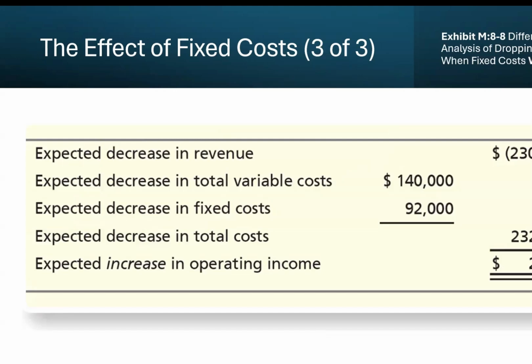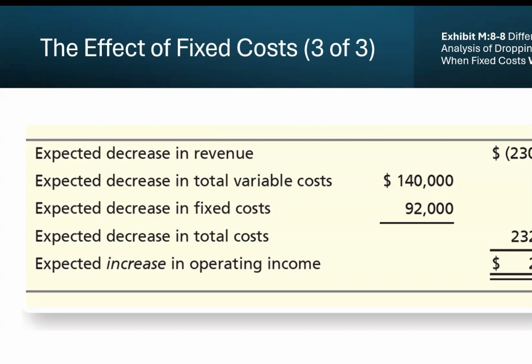In this next scenario, instead, assume that Smart Touch Learning manufactures the premium tablet in a separate facility. Assume that they're using two different facilities, one for the standard tablets and another for the premium tablets. If the product line is dropped, the lease on that facility can be terminated, and the company will be able to avoid all fixed costs except $3,000.